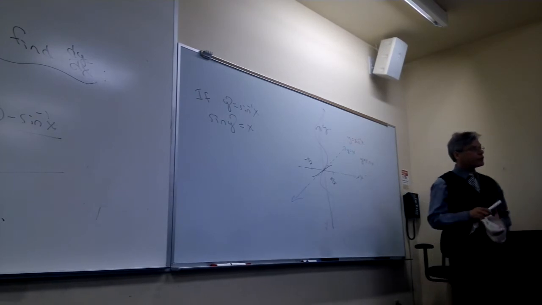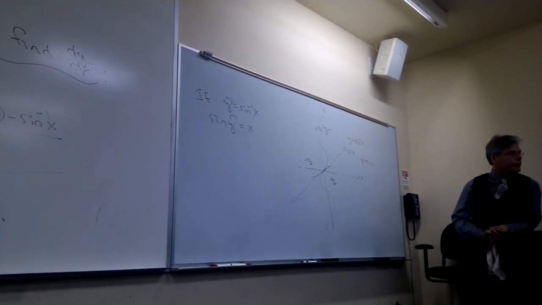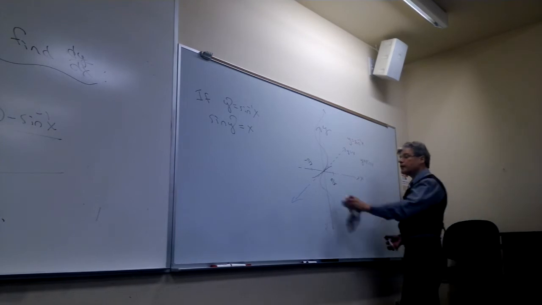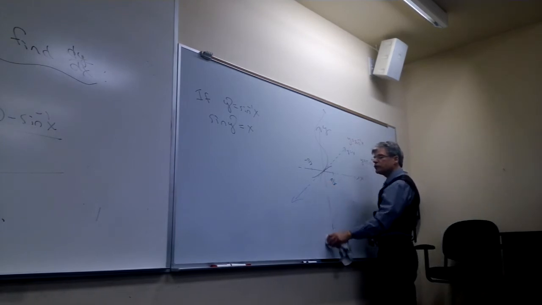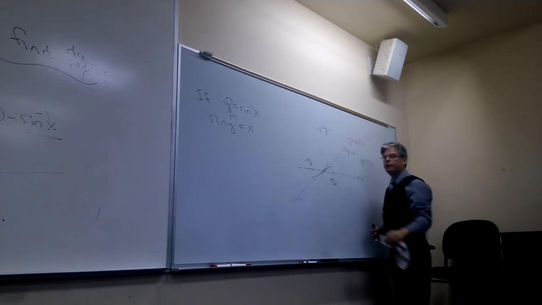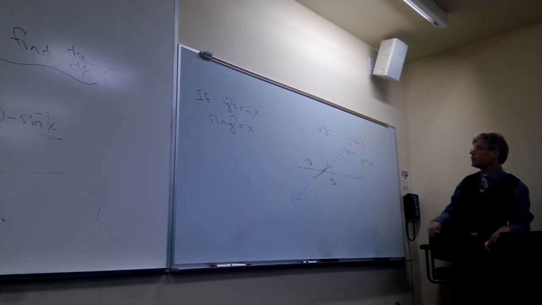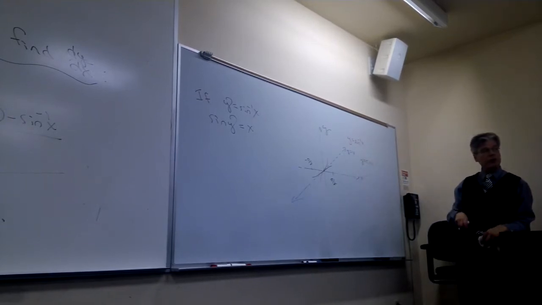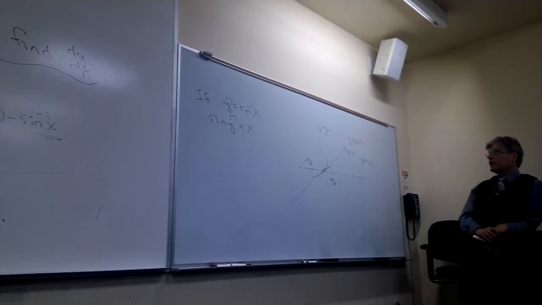So if I restrict the domain of the original sine function to be from negative pi halves to positive pi halves, when I reflect that image through the line y equals x, check out what I generate. I generate a red beast that really is a function itself. I will refer to that red beast as the graph of the inverse sine function if I restrict the original sine function to the interval from negative pi halves to positive pi halves.